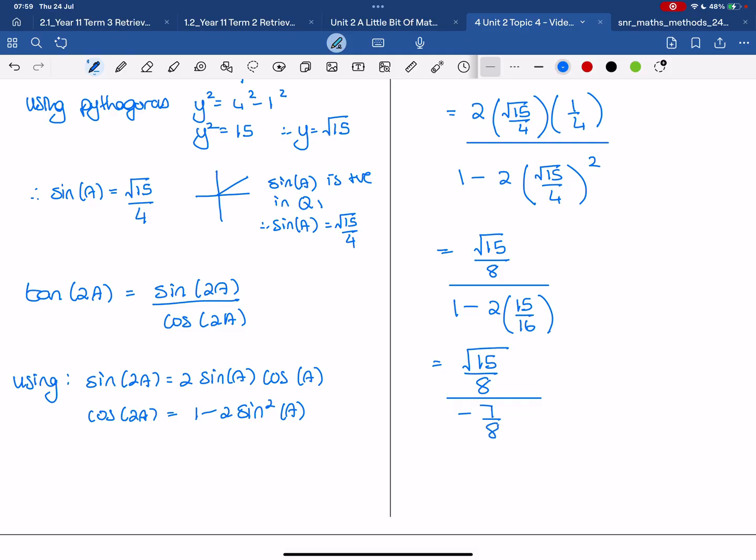And when I divide two fractions, I flip and multiply, so it becomes root 15 over 8 times negative 8 over 7. My 8's are going to cancel, and I get negative root 15 over 7.